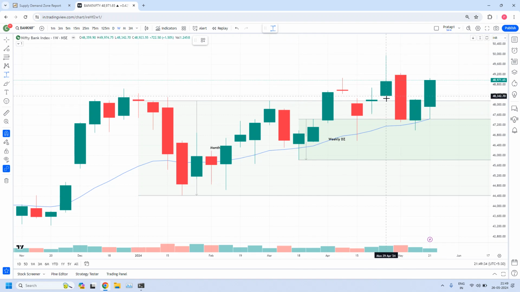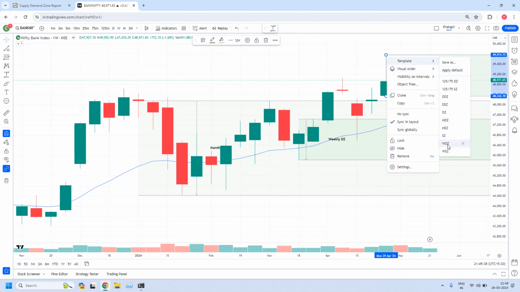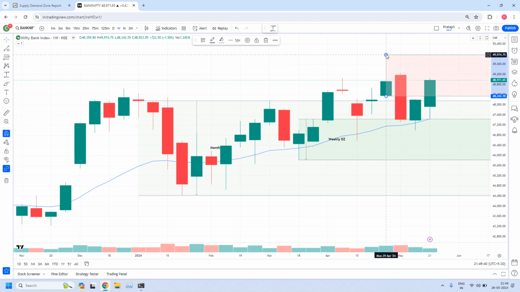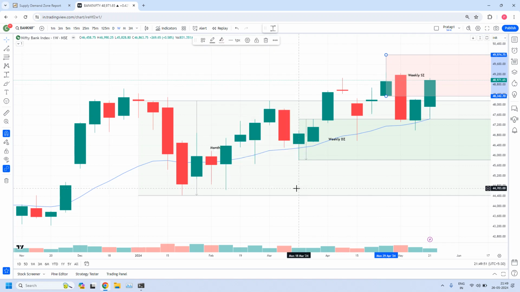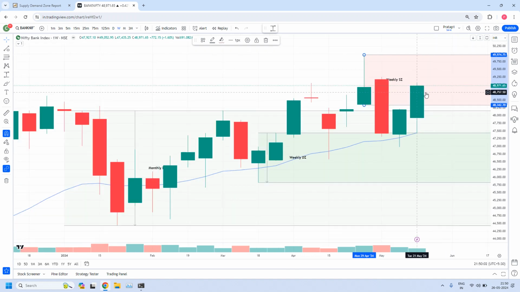So let us draw the supply zone, changing the color to the weekly supply zone color. Also, I am going to add the label weekly supply zone. Okay. So currently the price is closed inside the weekly supply zone. This is what you have to observe. But the weekly trend is also uptrend.